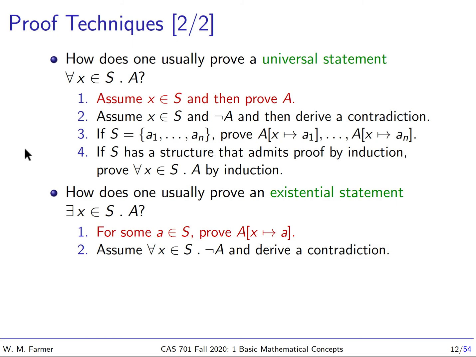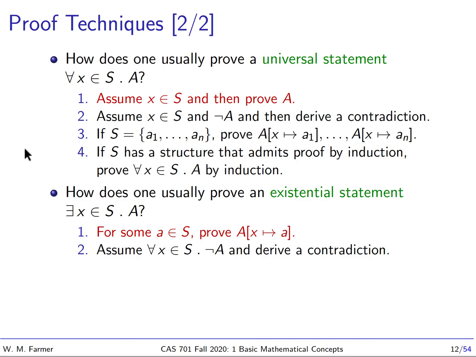And now suppose we want to prove an existential statement. There exists an X in S such that A holds. The obvious way of doing this is we exhibit, we find, we construct some member a in S, then we instantiate the formula capital A with this member little a, and then we prove it.